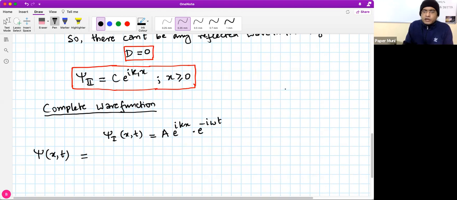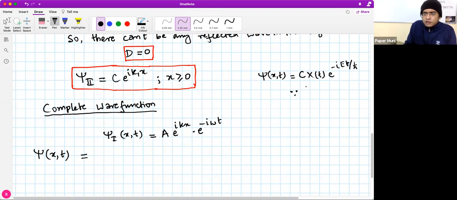Now, if we recall, we had psi of x,t written with some constant c and exponential iota Et by h cross. We can replace E by h cross omega. So we know that E is equal to h cross omega, and omega can be written as E by h cross.